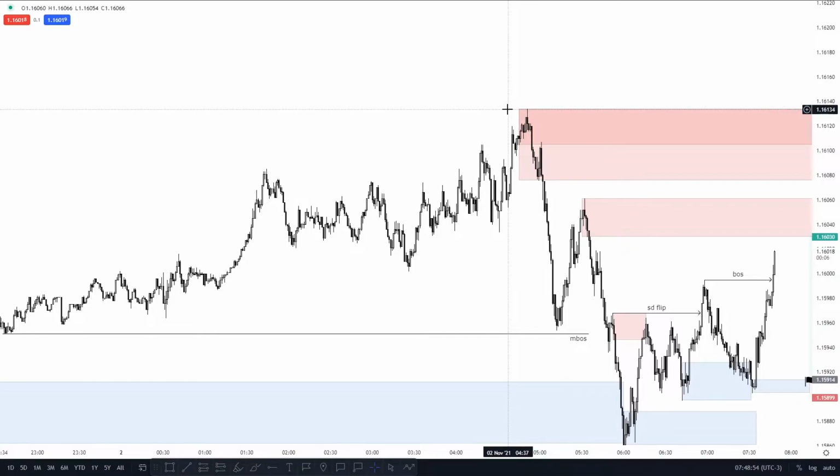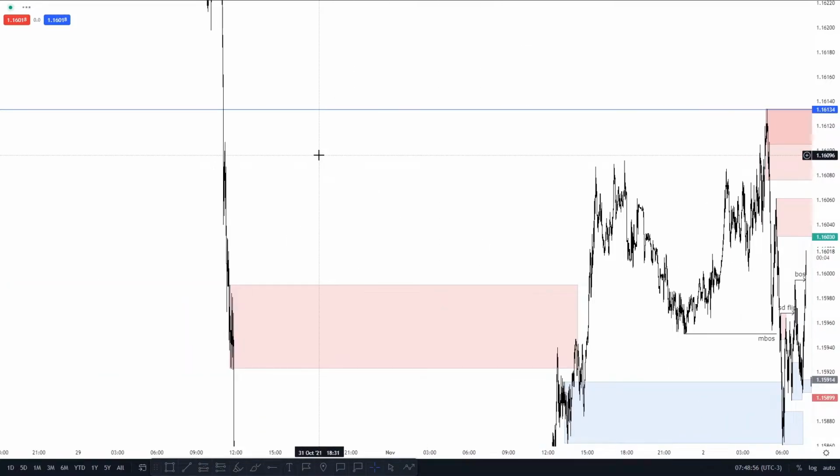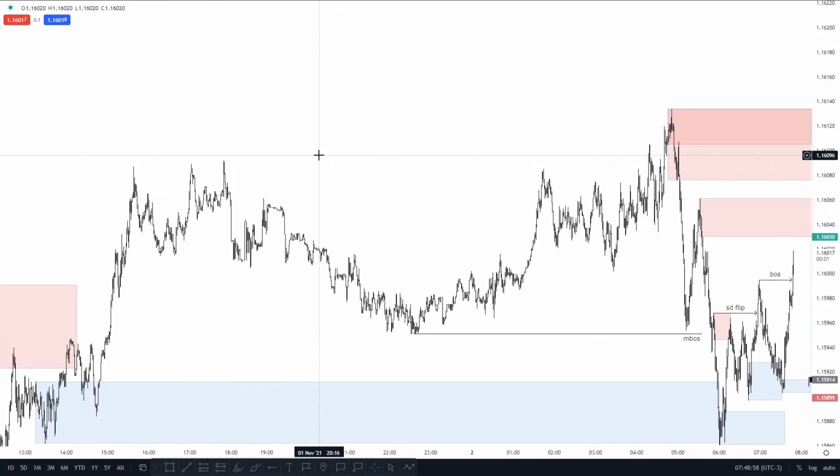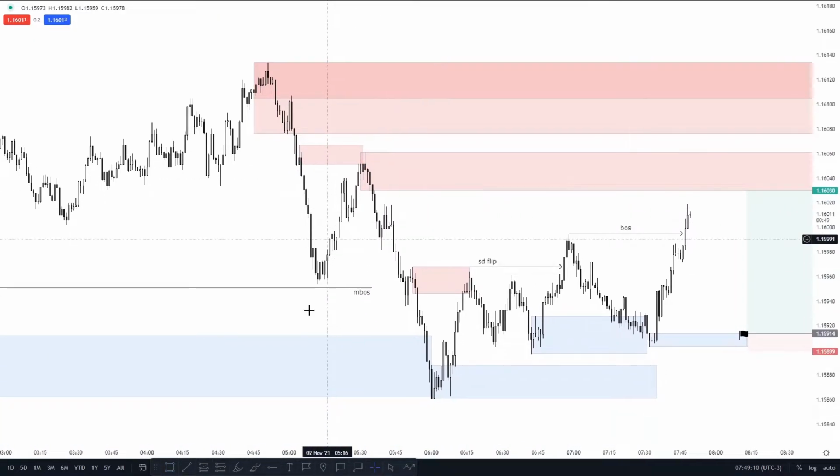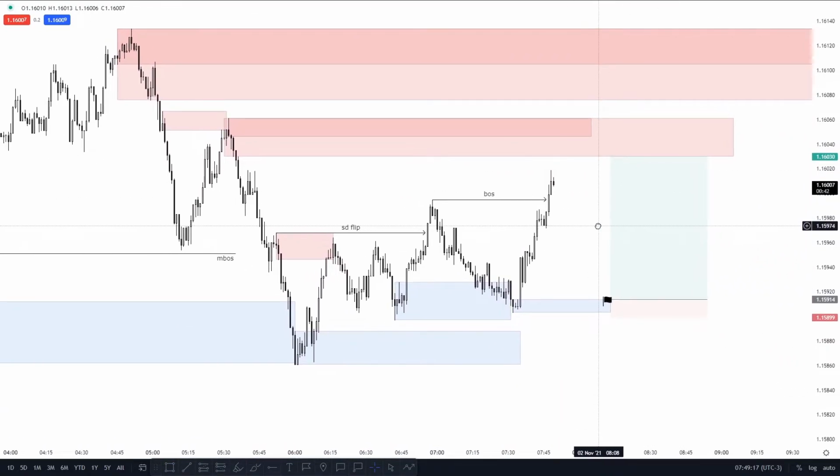We reached this high, which to the left had nothing, literally nothing. We caused a flip by breaking this low. The cause was this, and that was respected, so actually it looks really clean. That looks very clean. So a reaction there wouldn't surprise me at all.